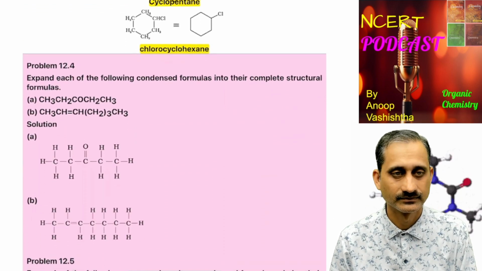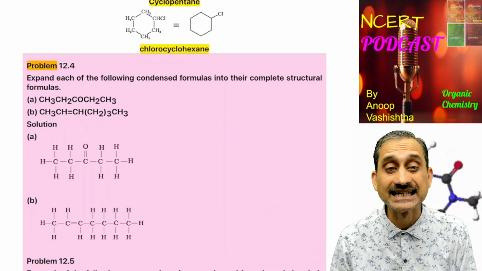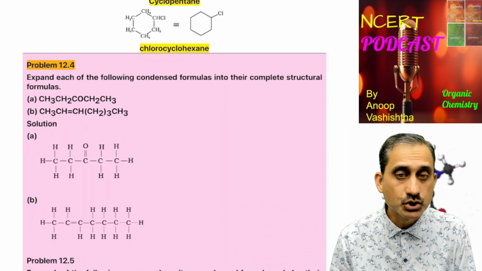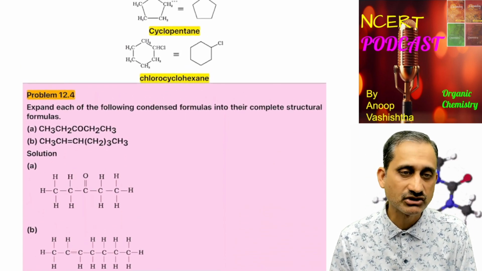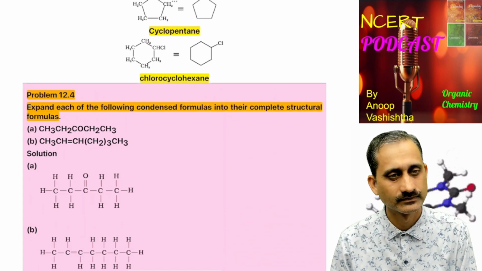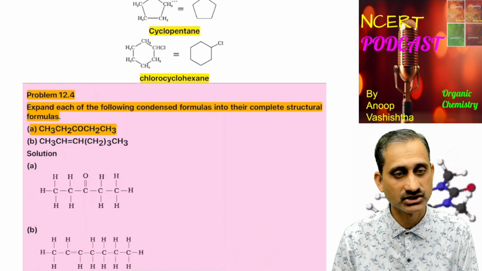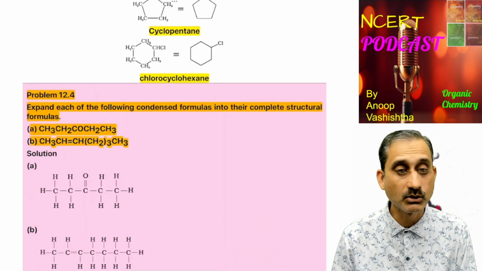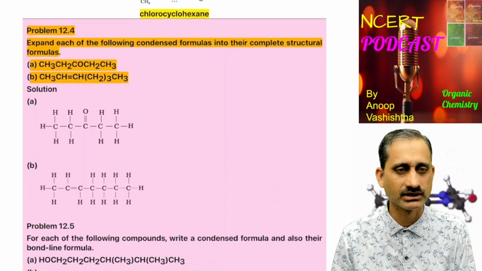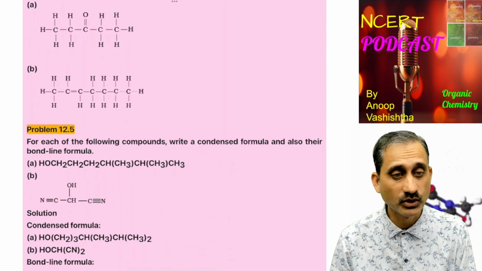chlorocyclohexane. Problem 12.4. Expand each of the following condensed formulae to their complete structural formulas. CH3CH2COCH2CH3, CH3CH=CH(CH2)3CH3. Solution. Problem 12.5.